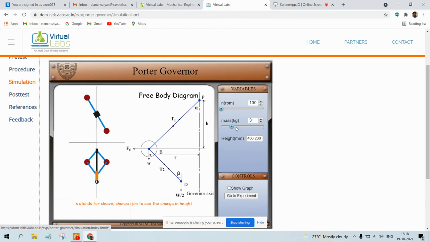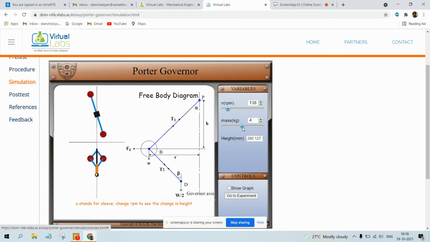So either you can fix the mass same, and you can vary the speed for different levels, and then you can find out the according height value, or you can fix the speed value and then you can change the mass value so that you can find out the difference what adding up the mass is doing in the motor governor.